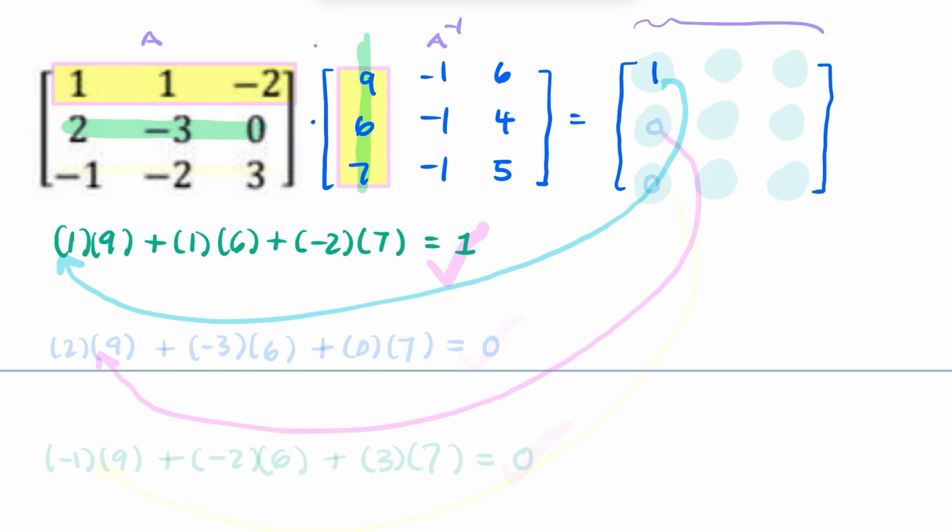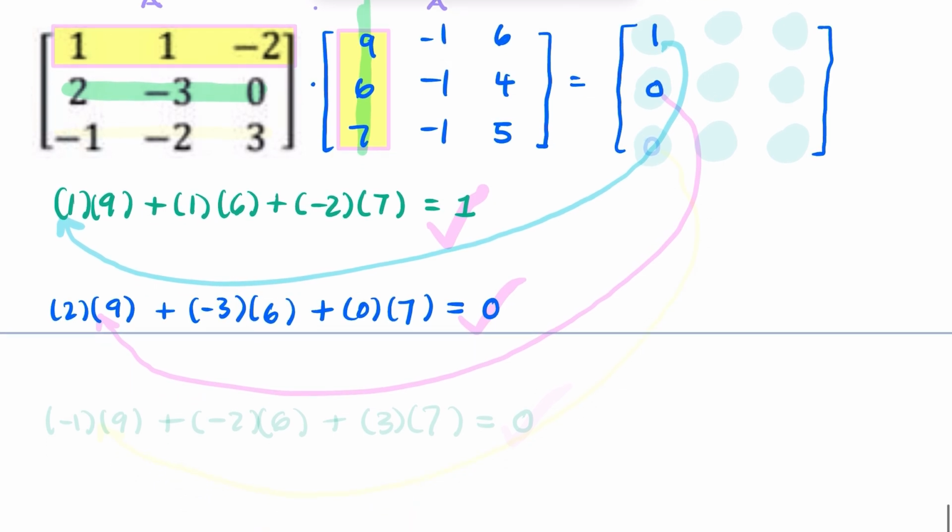So we're going to multiply the 2 times 9 and the negative 3 times 6 and the 0 times 7. So that's 18. Take away 18 plus 0 is 0. And again, that's exactly what we were expecting from the identity matrix. So we put the 0 there.